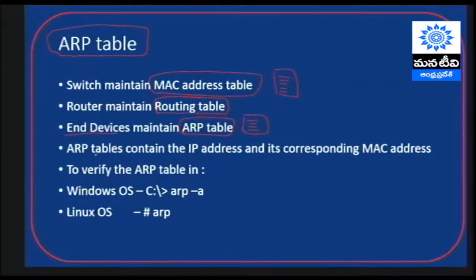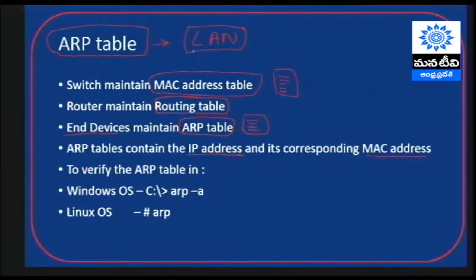So, the ARP table will contain the IP address of the device and its corresponding MAC address, the IP address to which you communicate and its corresponding MAC address. And remember, this is applicable only for local area network communication. The ARP protocol works only in the LAN, not on the WAN. It cannot cross the router.